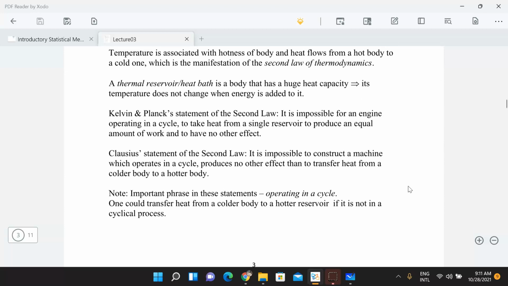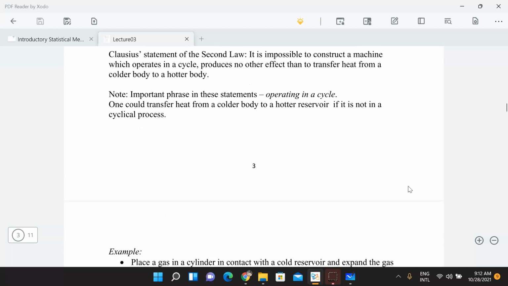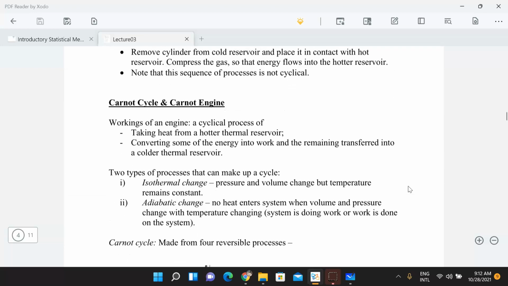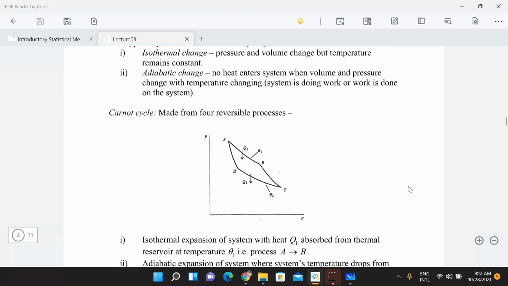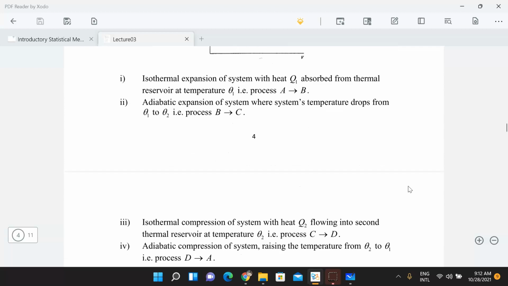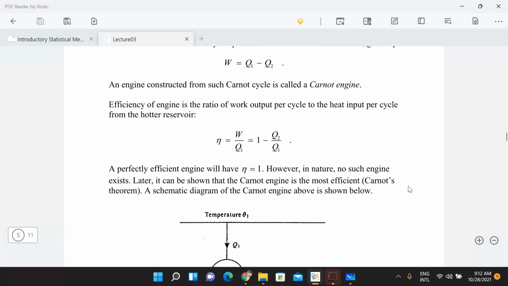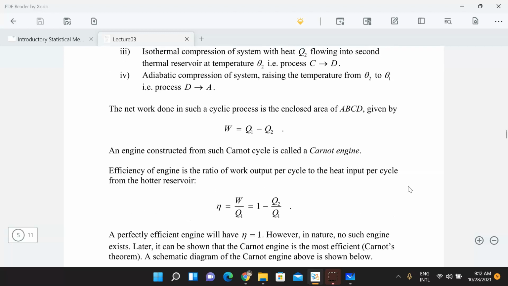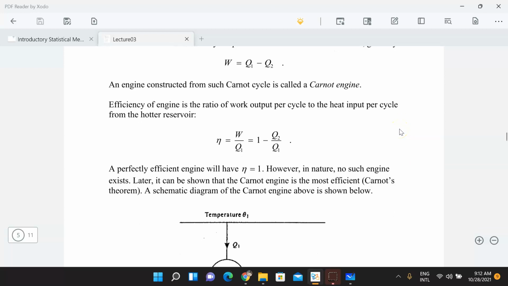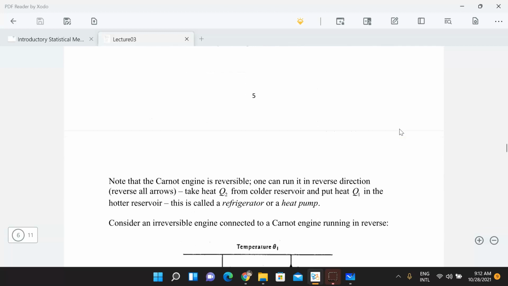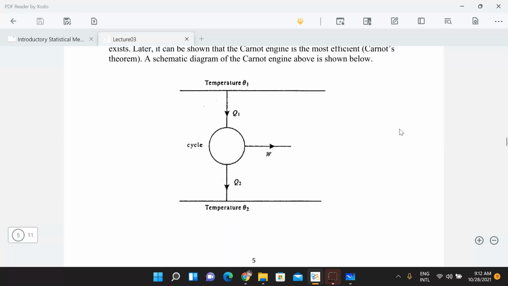So I think we have come through the second law, the different statements, and I believe we have done the Carnot. Previously, I think we introduced the Carnot engine, right? So I think we stopped somewhere here.